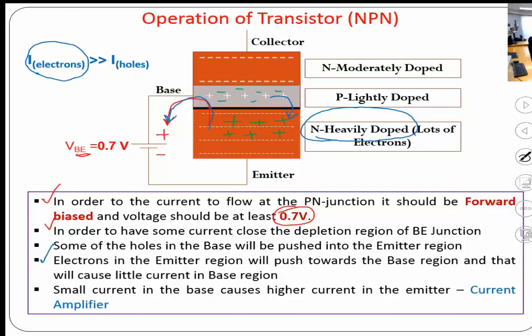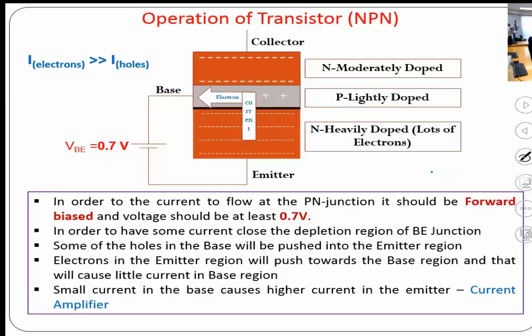From the base perspective, the current is extremely small because the only voltage you need to overcome is the barrier. But now when you connect another supply between the collector, that probably shows you the electron current and the hole current, which are exactly opposite to one another.